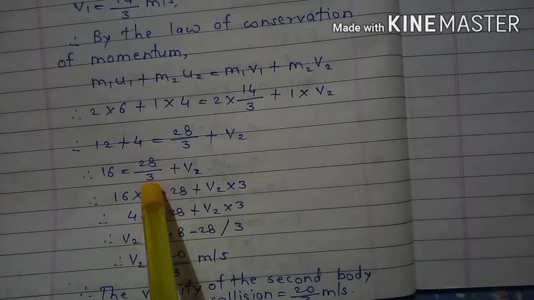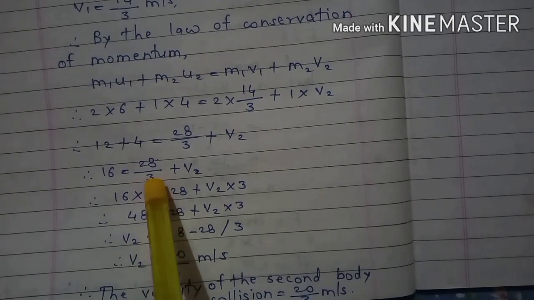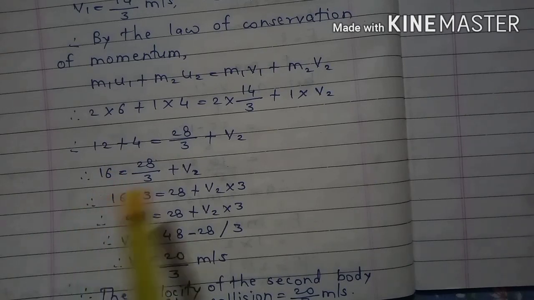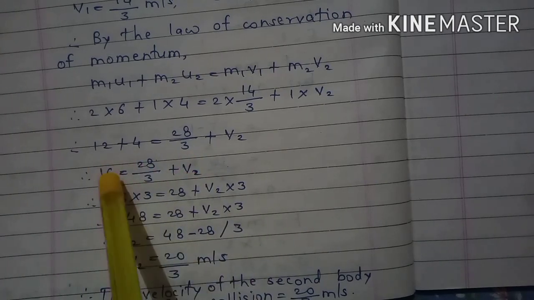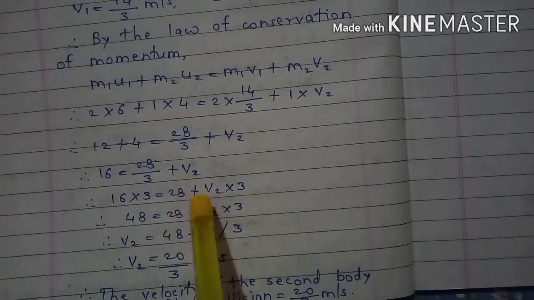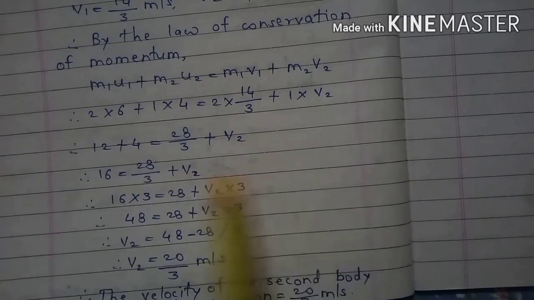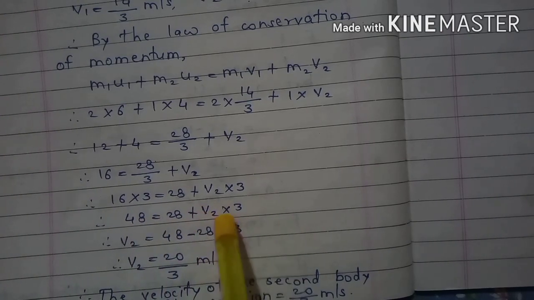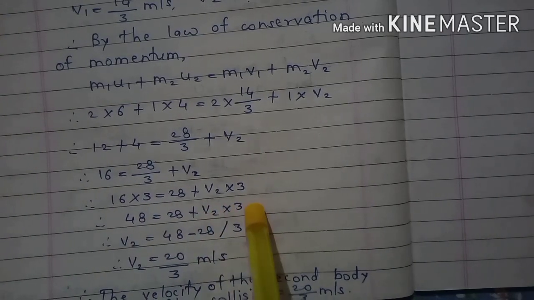Now here 3 is there in the denominator. This 3 will multiply to the left hand side also, and this 3 will multiply to v2 also. So 16 into 3 is equal to 28 plus v2 into 3. So 16 3s are 48 is equal to 28 plus v2 into 3.